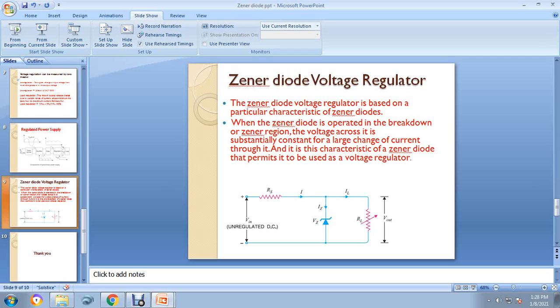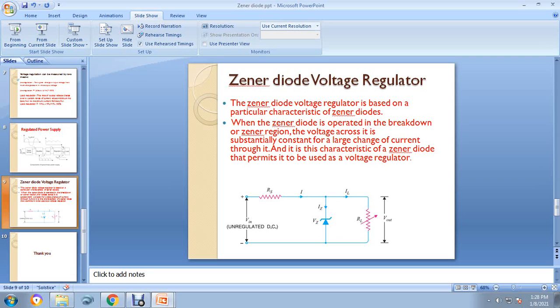As the voltage across the Zener diode remains constant, equal to Vz, and it is connected across the load, the load voltage is equal to the Zener voltage Vz. So this Zener diode acts as an ideal voltage source, which maintains a constant load voltage independent of the current.